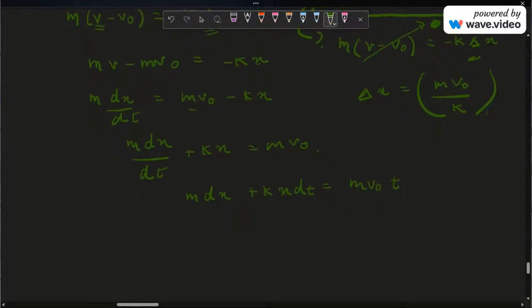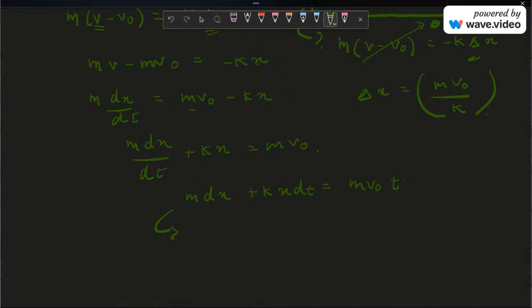Now, since x is also changing, x is the fundamental quantity here, so this should not have any problem. I don't know if this answer will come out to be correct or not, but just let me know.